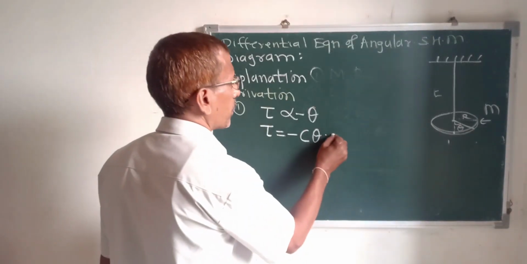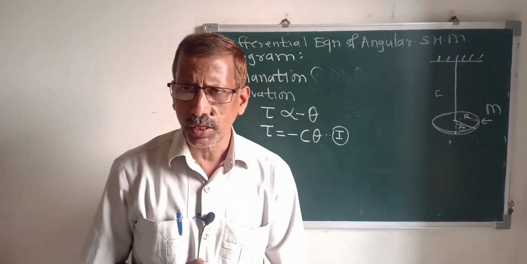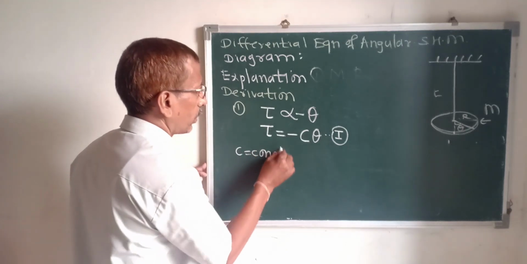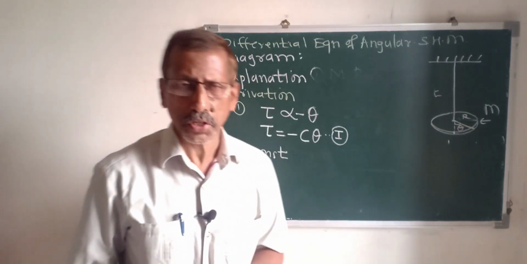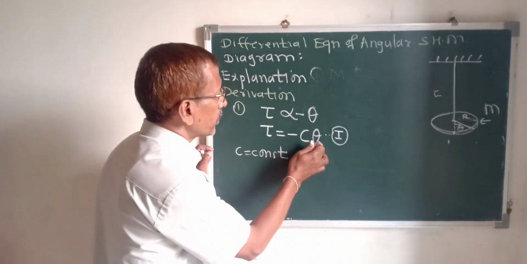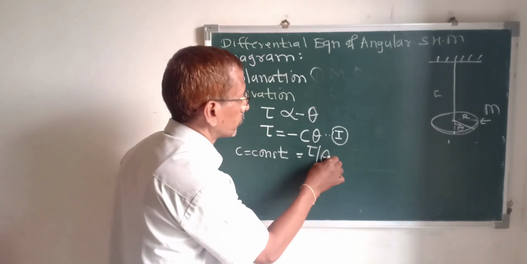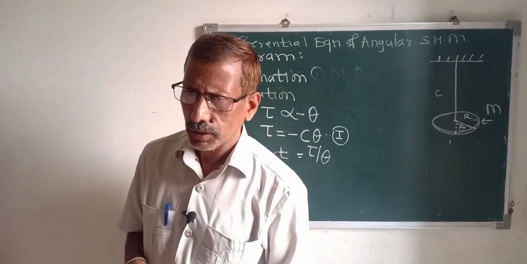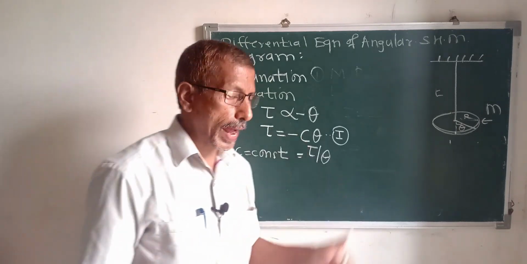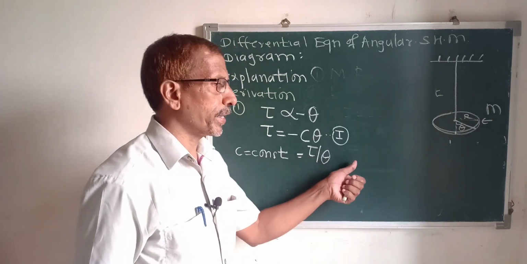So this is equation number 1, where c is a constant of proportionality. C is equal to torque divided by theta. So c is a constant which is the restoring torque per unit angular displacement in magnitude.